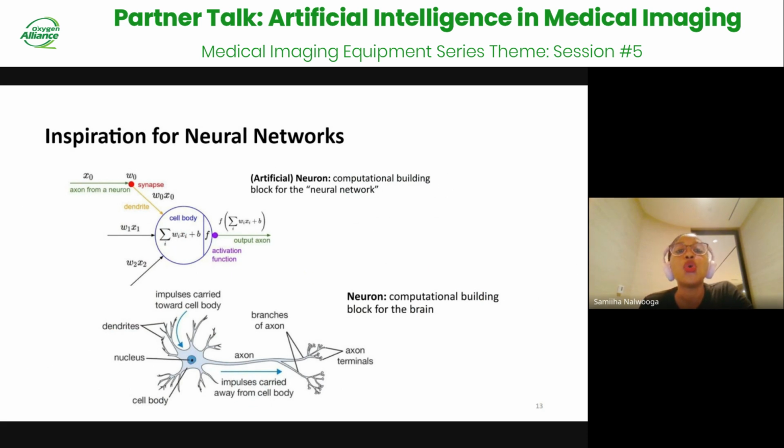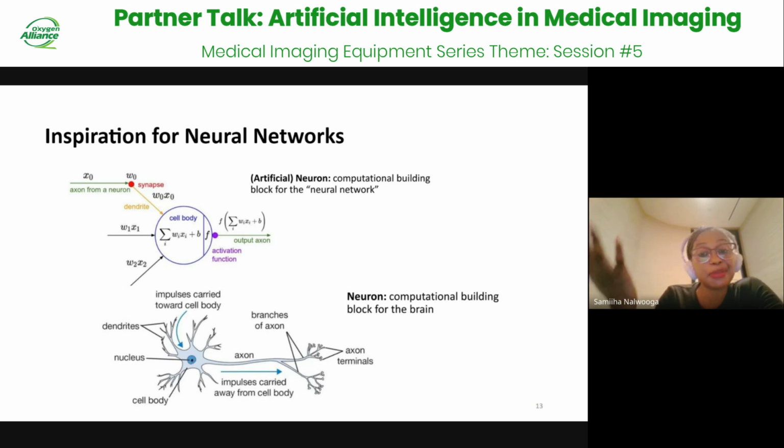So one would wonder, what is the inspiration for neural networks? Actually, the inspiration for neural networks is just the human brain. A neural network was inspired by how the human brain works, specifically how neurons in our brains communicate and process information. We know neurons in our brain are tiny cells that receive and transmit signals in the form of impulses.